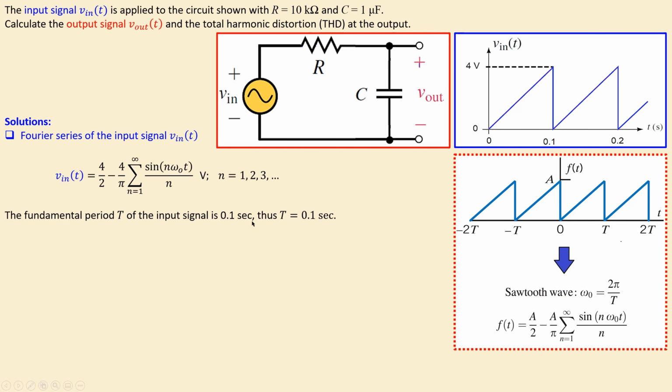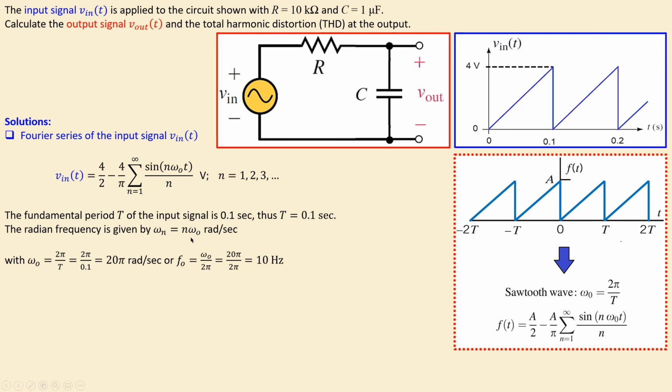Again, the fundamental period is 0.1 seconds, and the radian frequency in the general form will be given for all harmonics as omega sub n is equal to n, which is an integer, times the fundamental frequency. That can then be used for the harmonics.